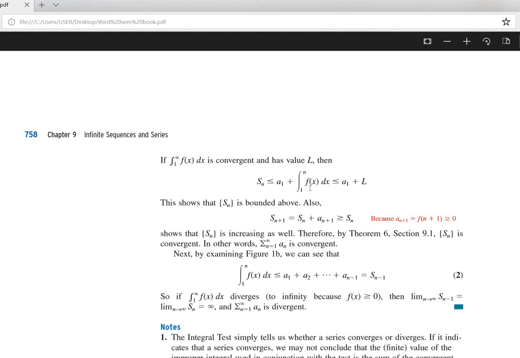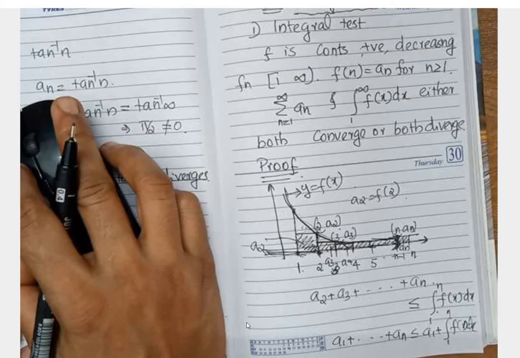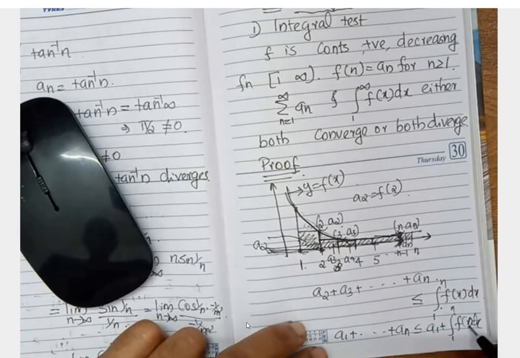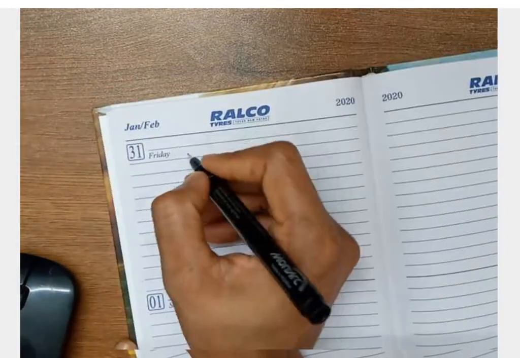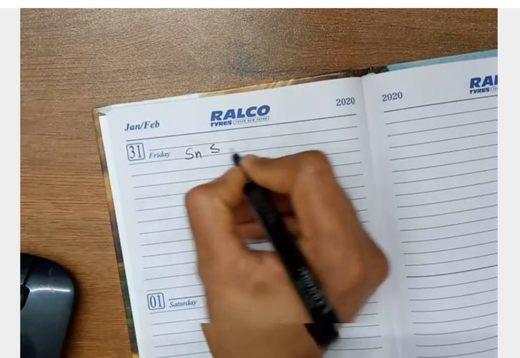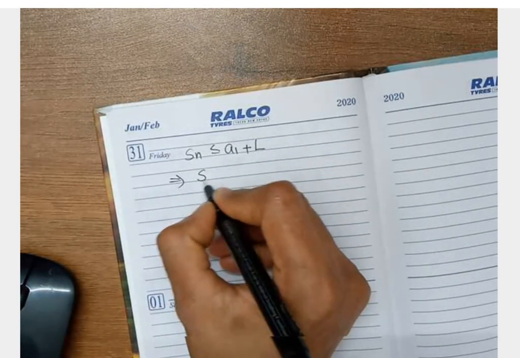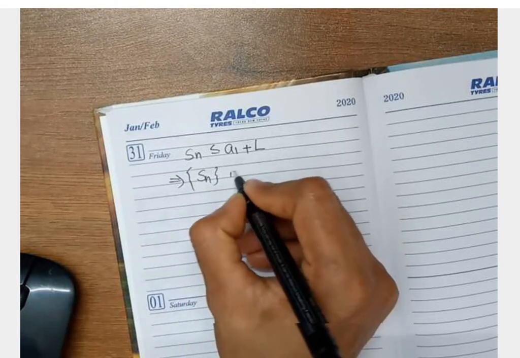Suppose that this integral is convergent. Then it will be a value L. So Sn is less than or equal to A1 plus L, which implies the sequence Sn is bounded above.